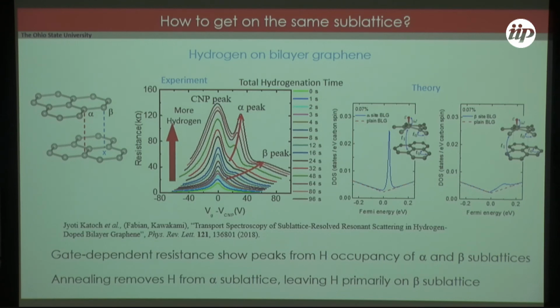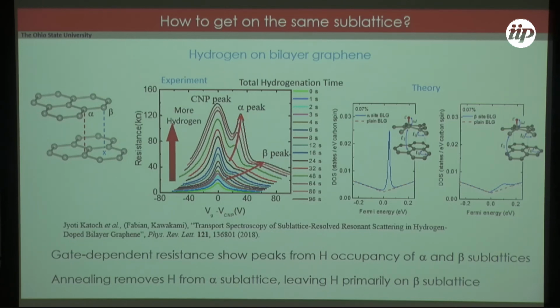And what if you put it on top of a beta site? This is what he got. They look quite different. So just purely from an electrical measurement, you have a chance to tell what your occupancy of the alpha sublattice versus the beta sublattice is. So even without doing, say, STM measurements, you can gain a lot of information.